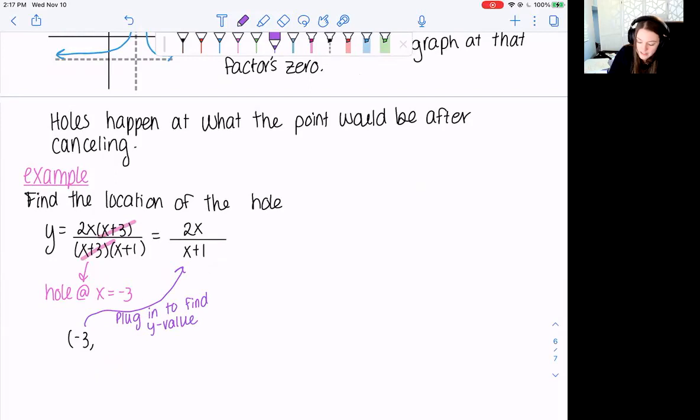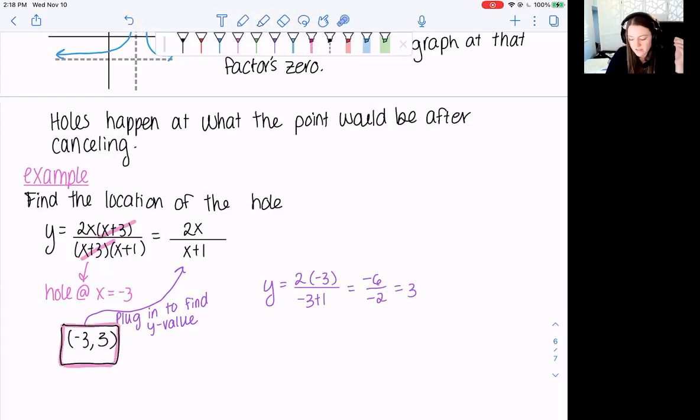So plugging in -3 for x, we have 2 times -3 over -3 plus 1. So we have -6 over -2, which is +3. And that is the location of the hole.